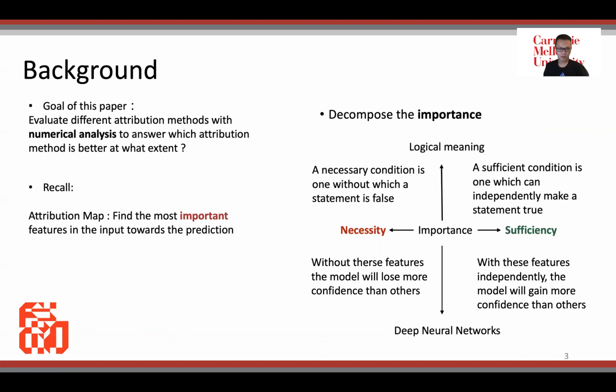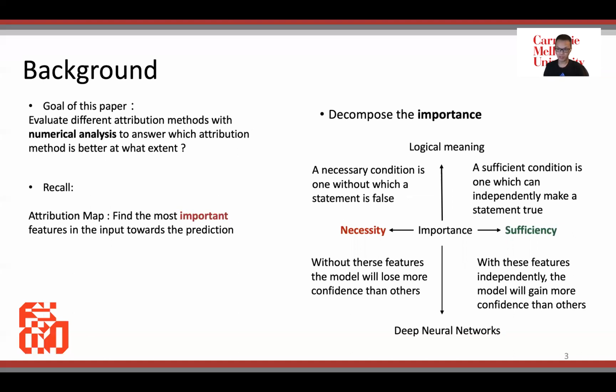Recall that an attribution method is defined by finding the most important features in the input towards the prediction. However, we notice that importance is an ambiguous concept and hard to evaluate. Therefore, we first decompose the concept of importance into two complementary subconcepts, necessity and sufficiency.